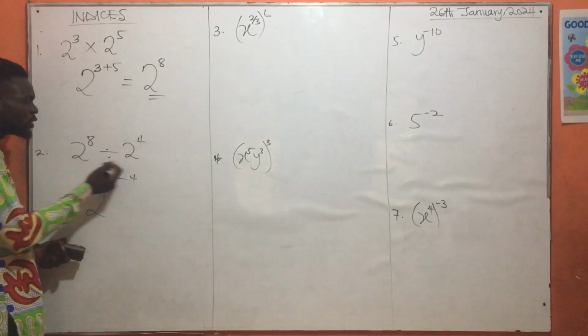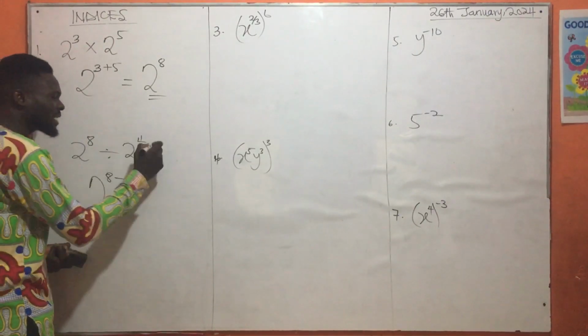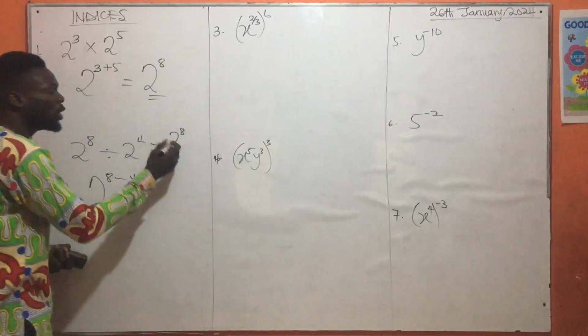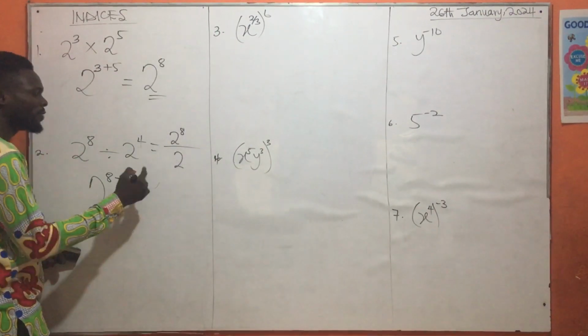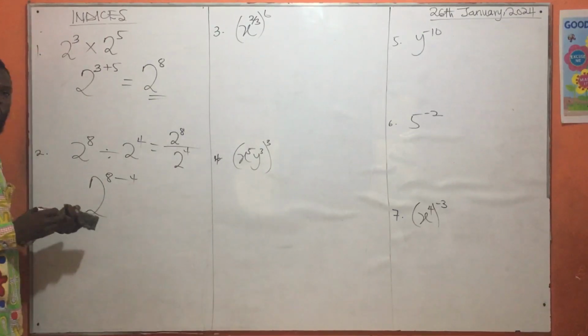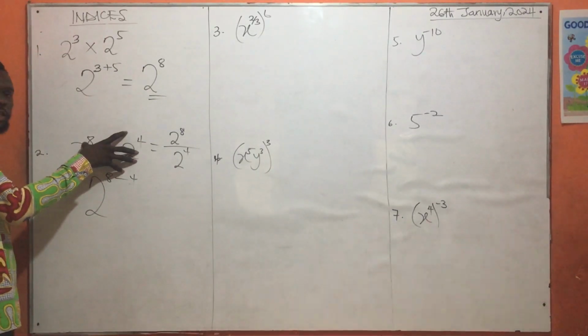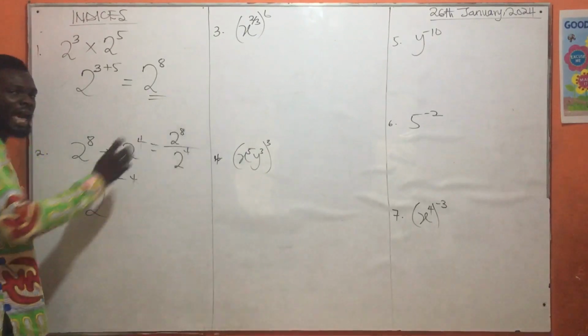And of course, we know that something like this can also be written as 2 raised to the power 8 divided by, or all over, 2 raised to the power 4. So this expression can also be given to us like this.